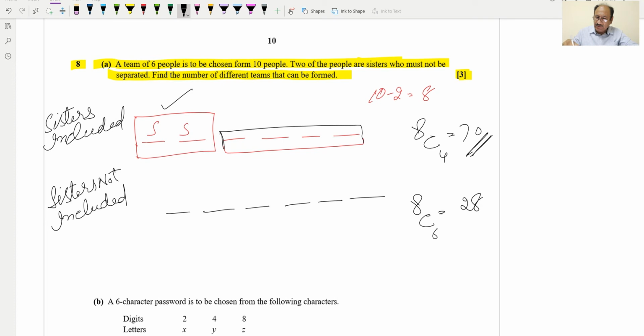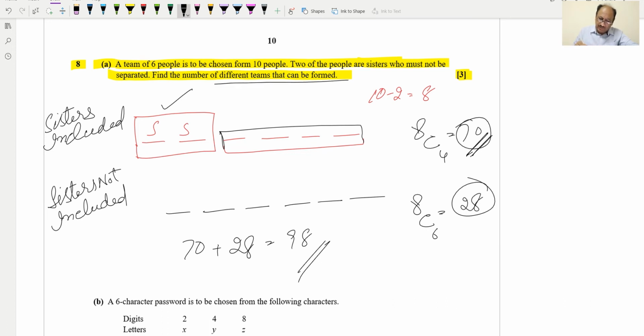So the total will be 70 plus 28, which is equal to 98 options. Find the number of different teams that can be formed: so 98 different teams can be formed.